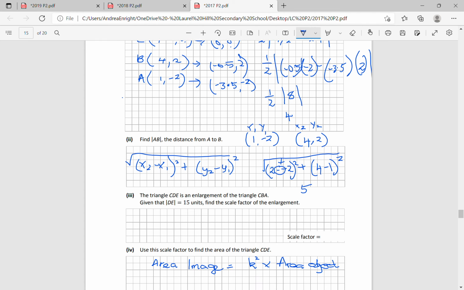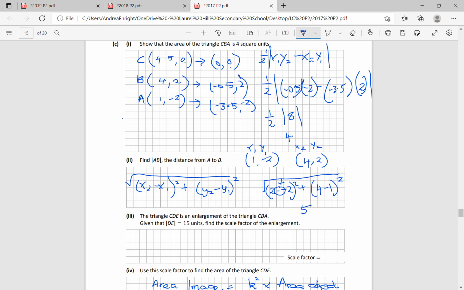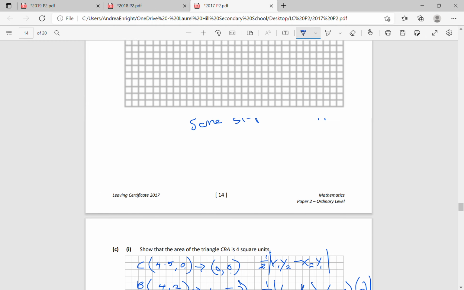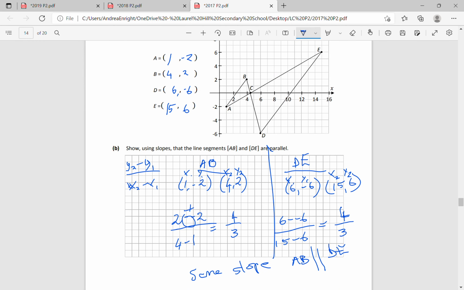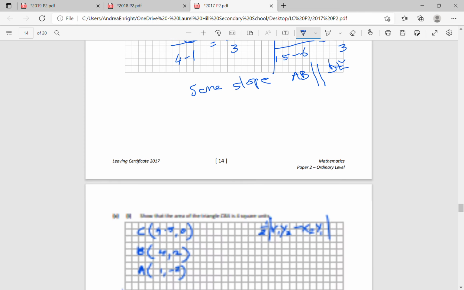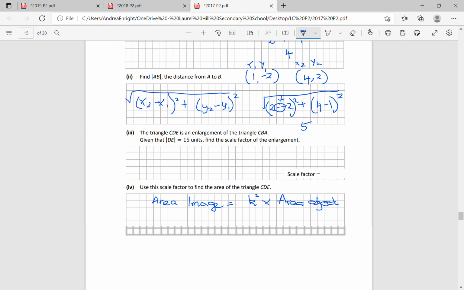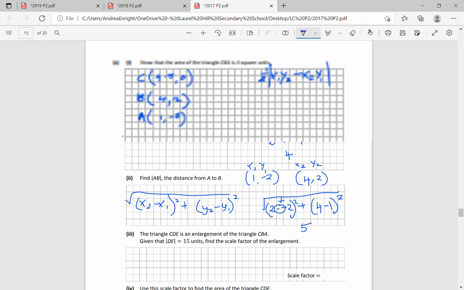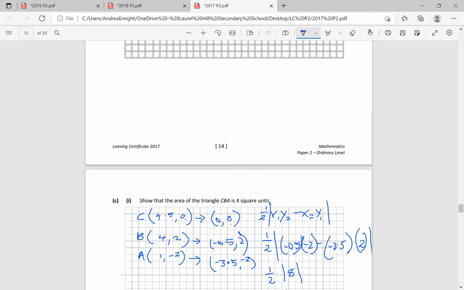The triangle CDE is an enlargement of CBA. So this is an enlargement. Basically they took this triangle and made it bigger and got this huge triangle here. So they're exactly the same except it's a certain amount of times bigger, right? So how do you figure out DE?